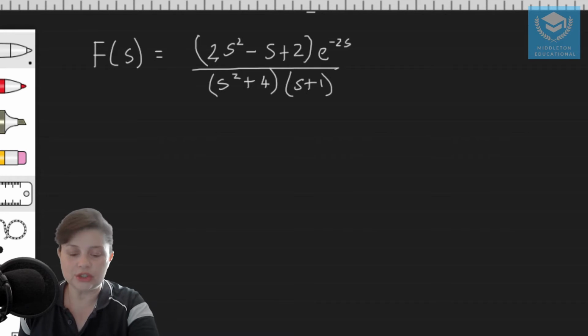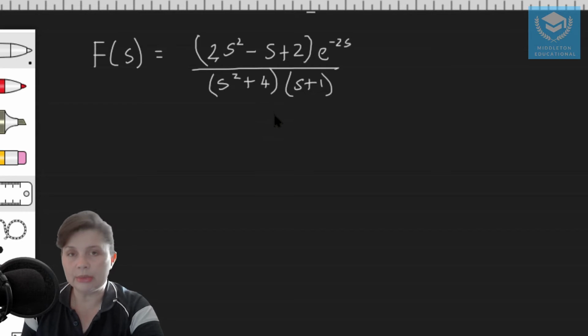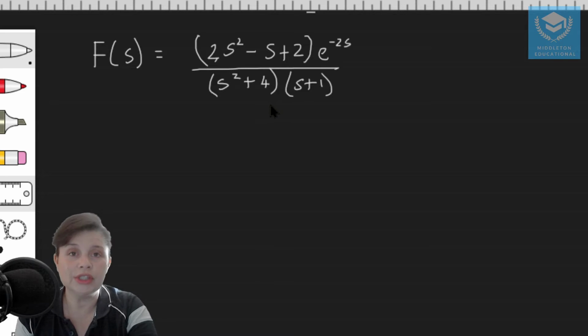So here's the function we're going to be working with today. You'll see we have a function with two terms in the denominator, and two parts to our numerator. It's one term but two parts. When we find the inverse Laplace transform, if you remember examples from the beginning of the series, you look at the denominator and see whether it's the same form as anything on your table.